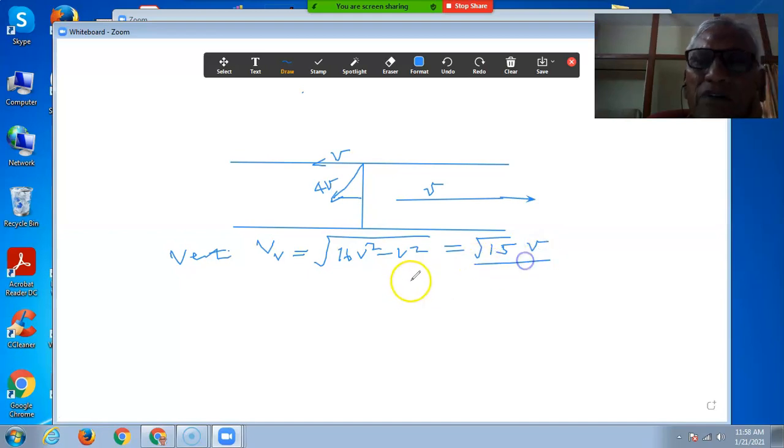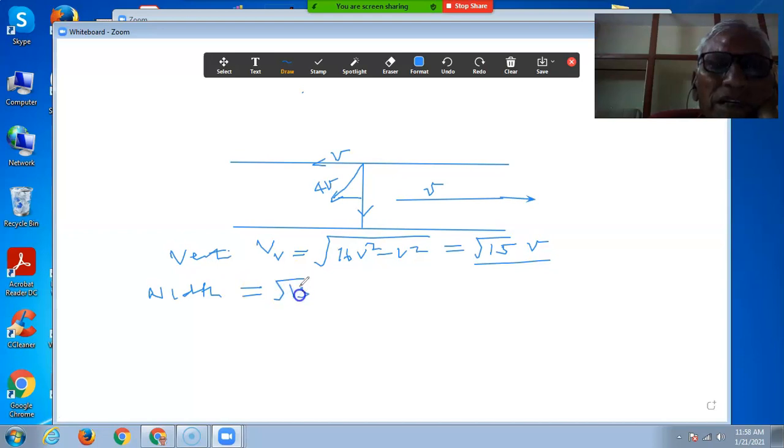This is the speed of the boat in this direction. Since the boat crosses in 1 minute, the width of the river is root 15 v meters.